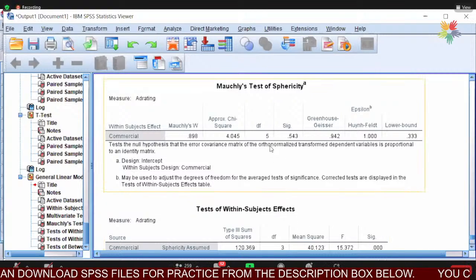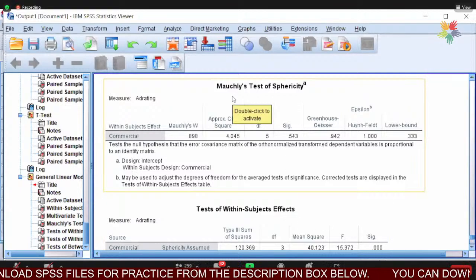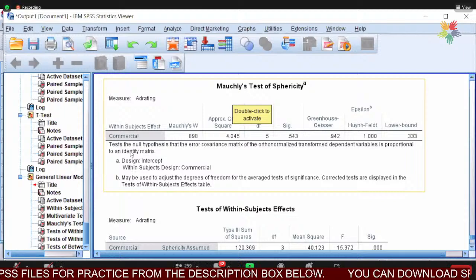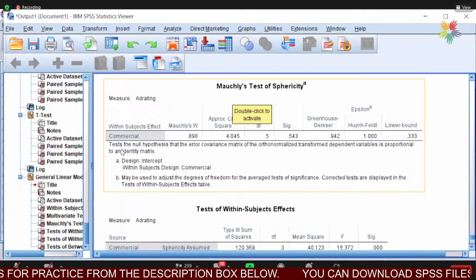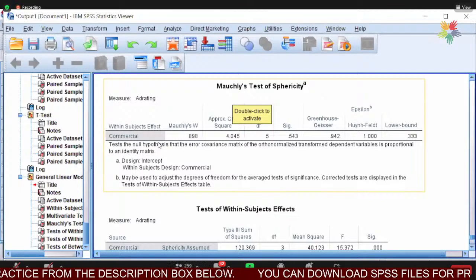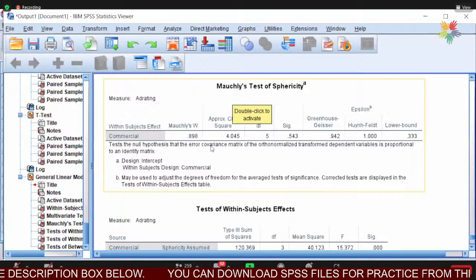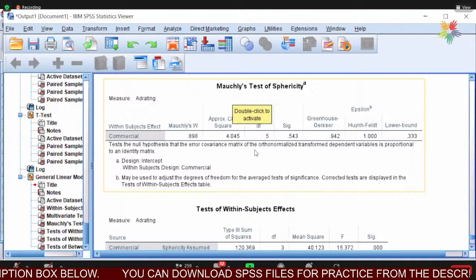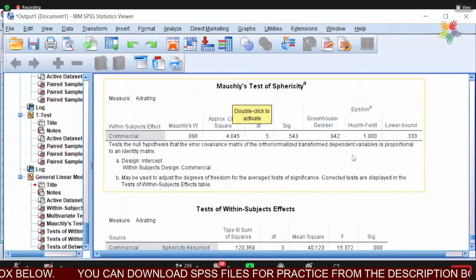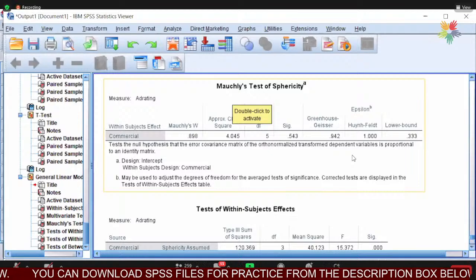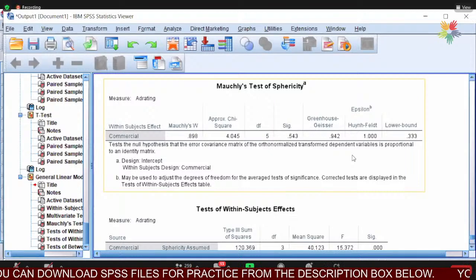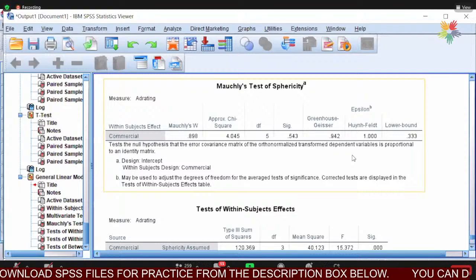Now this is called Mauchly's test. They have put the null hypothesis also. The null hypothesis is that the covariance matrix is identical, so there is no significant difference in the variances.